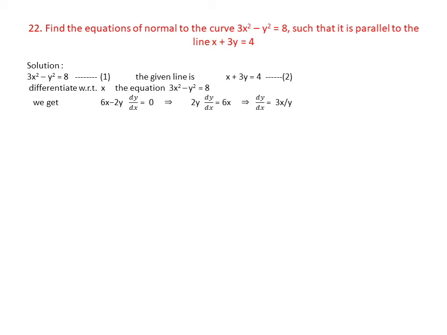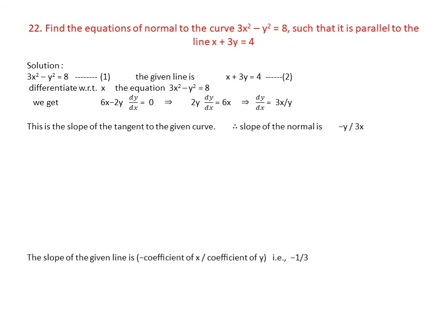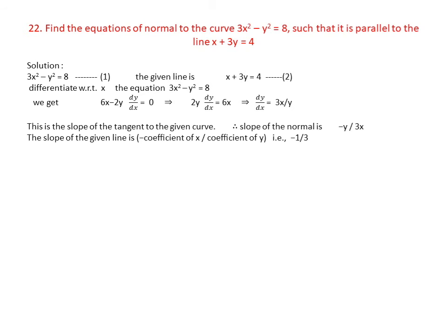I differentiate the first one. When I differentiate the first one, I get the slope of that curve, which is like a circle, comes out to be 3x by y. Now the slope of the tangent to this curve will be minus y by 3x. Right?